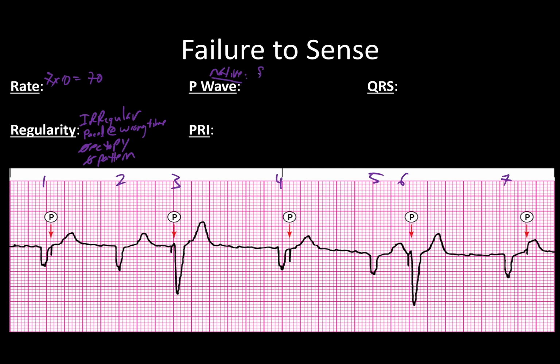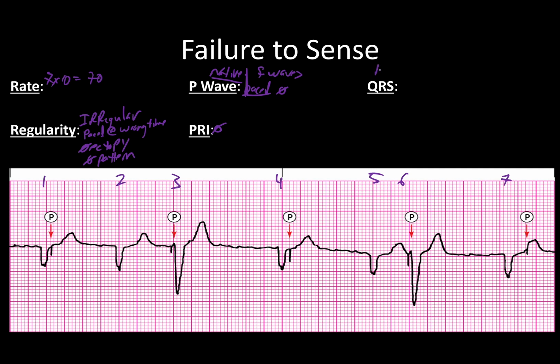All we really have are F waves. We can probably assume that this patient has an underlying AFib based on the irregularity of the natural beats. From a paced standpoint, we don't have any paced beats or any pacing that results in a P wave, so we're not dealing with something like that. Because there are no P waves, we have no PRI.